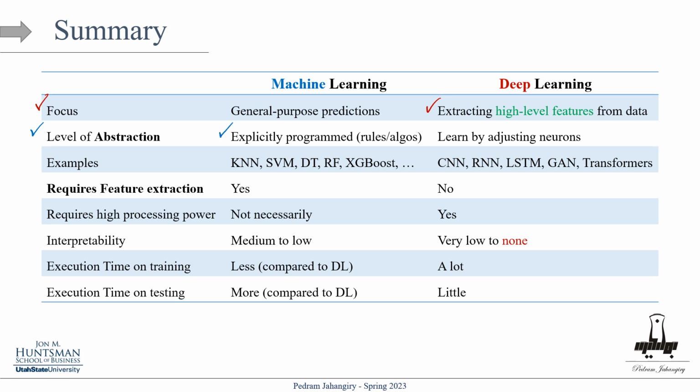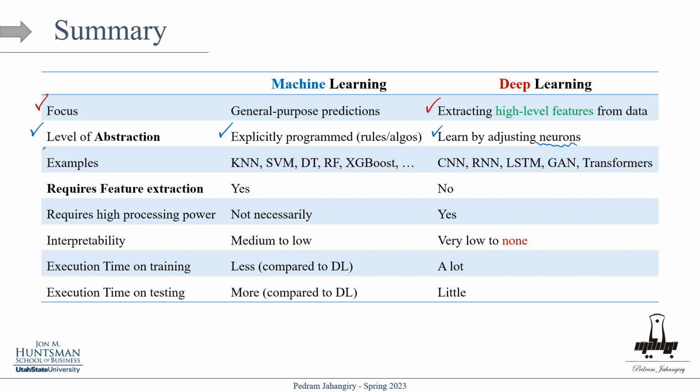So the key term is that it is explicitly programmed. However, in deep learning, updating the weights, the learning, is done by adjusting the neurons. Again, don't worry about the details. I will cover them in module 4.